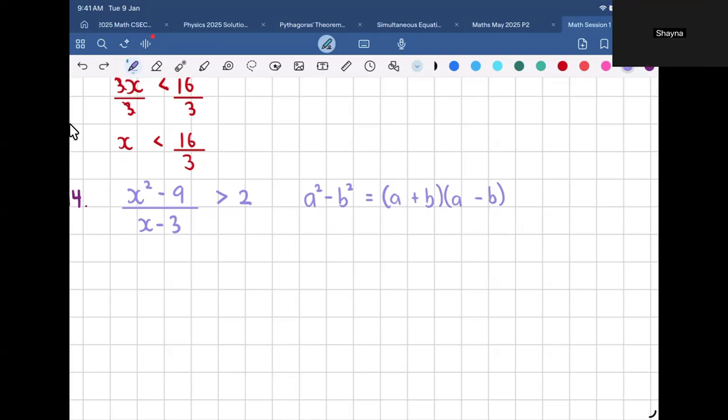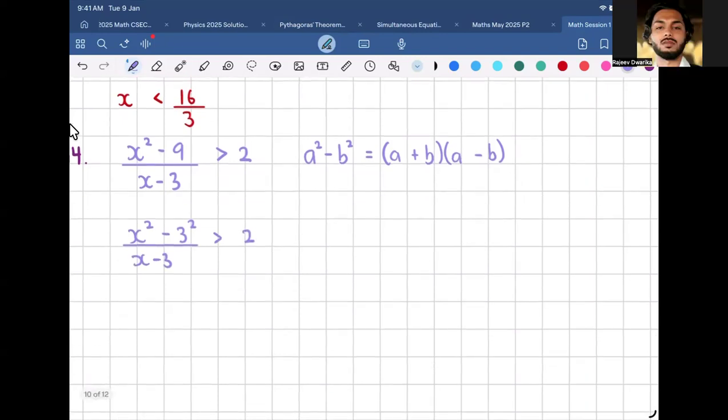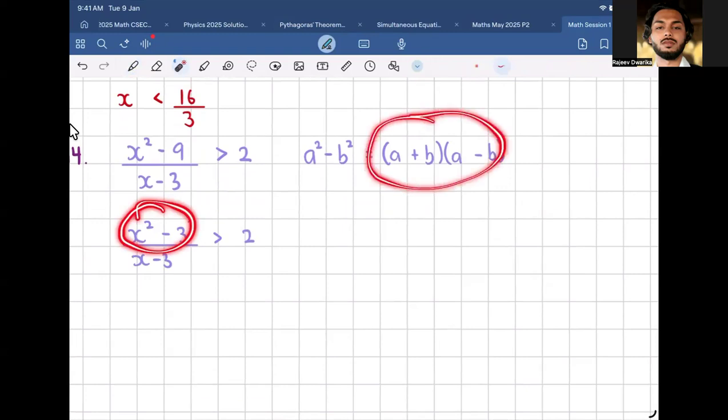What could I write 9 as? 3 squared, yes. So I could write it as x squared minus 3 squared. Is it in the difference of two squares form now? Yes. And so you need to show this working. And to know that it's in the form, now we can factorize.